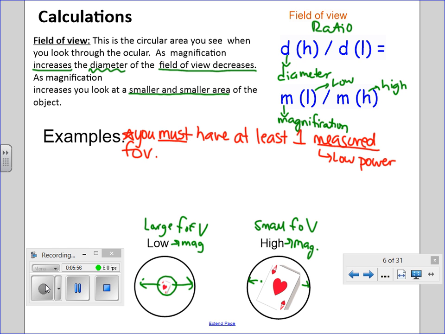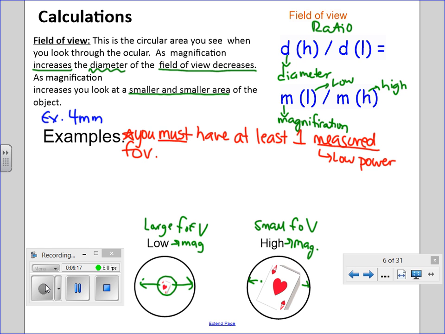So we're going to say, just for fun, that in these examples, we measured the field of view on low power. And so in our examples, we're going to say that we measured 4 millimeters as our field of view on low power.